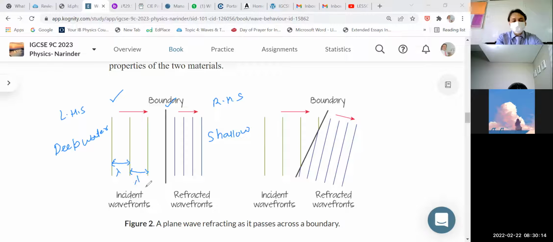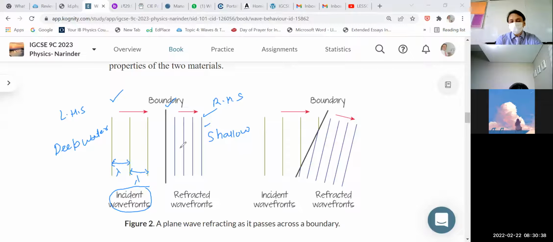This is an incident wavefront, you can see it is written here. When this wavefront strikes the boundary and the wave moves from deep water to shallow water, or maybe shallow water to deep water, then what happens? You can see the waves go parallel. They pass here.